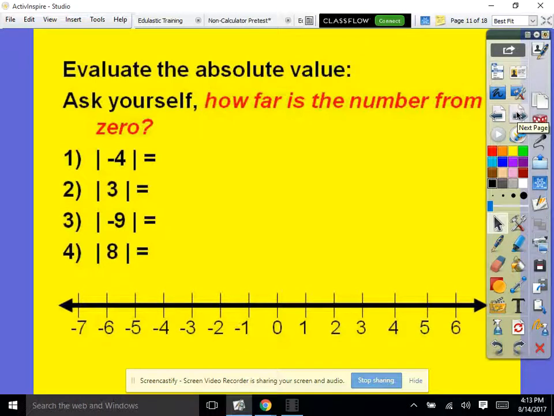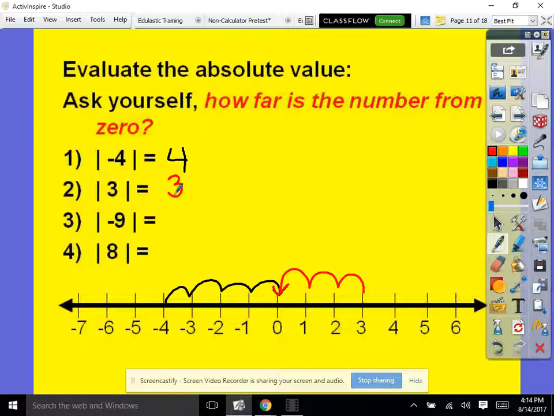So, when we evaluate the absolute value, we need to ask ourselves, how far is the number from 0? So, -4 is 1, 2, 3, 4 units away from 0. 3 is 1, 2, 3 units away from 0.